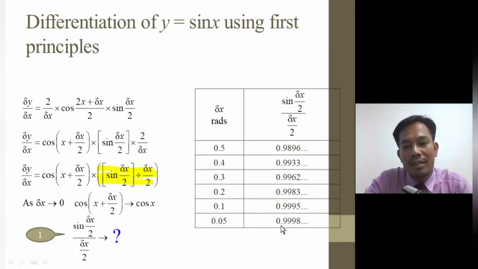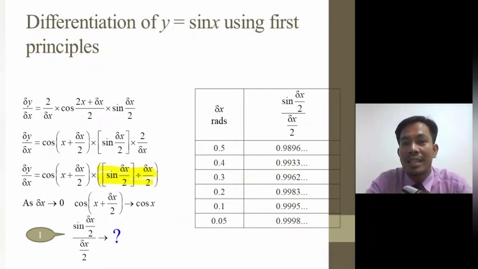So 0.05 is almost 1 already. What if it is 0.00001? The value might be 1 already. But we cannot put in 0, because 0 will be a different thing already.